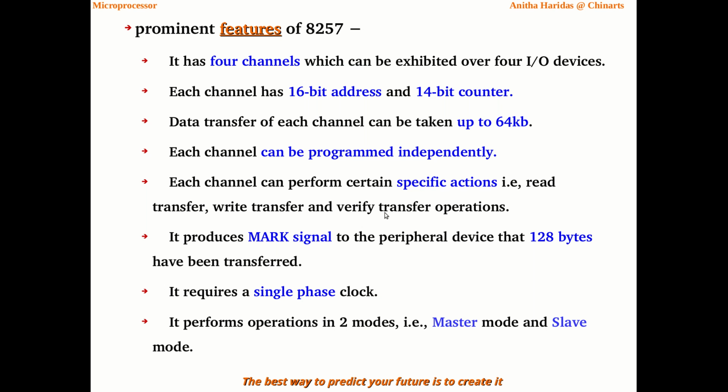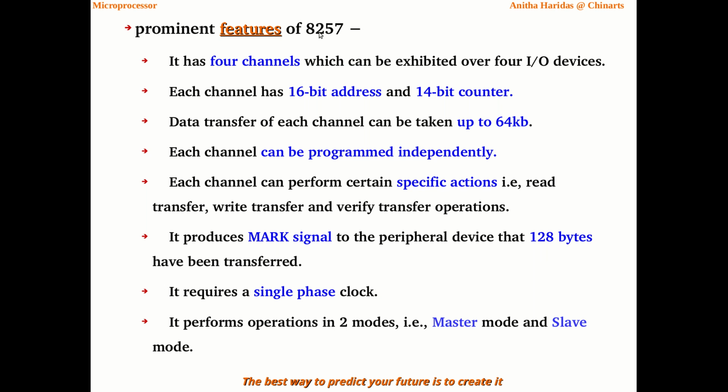Using the verify operation. Then the 8257 produces a mark signal to the peripheral device that 128 bytes have been transferred. Right, so the mark signal is the one used for specifying that the device has transferred 128 bytes.